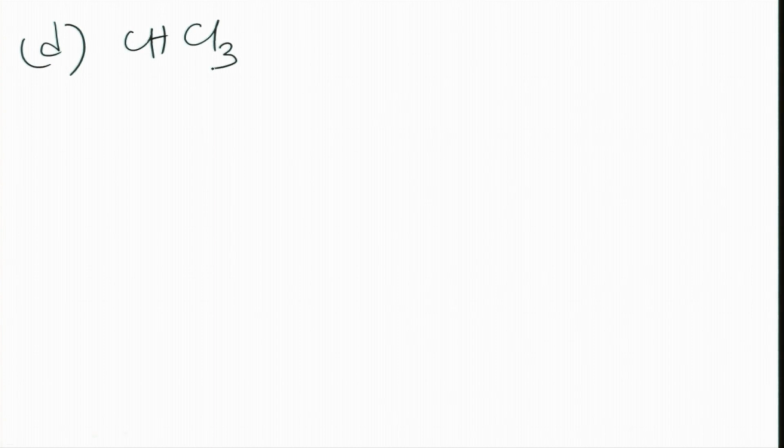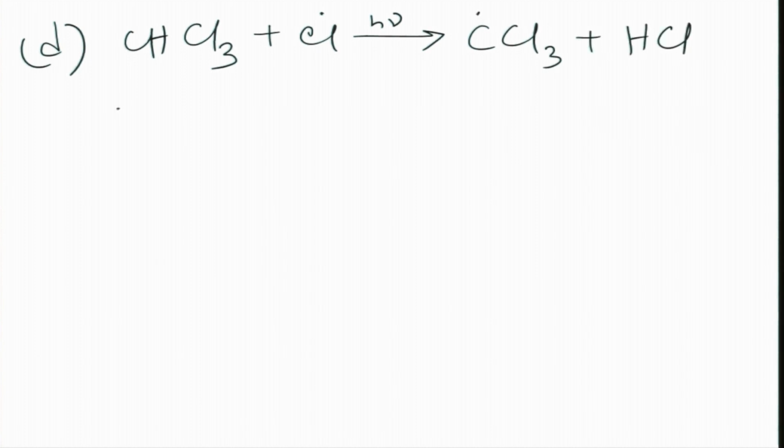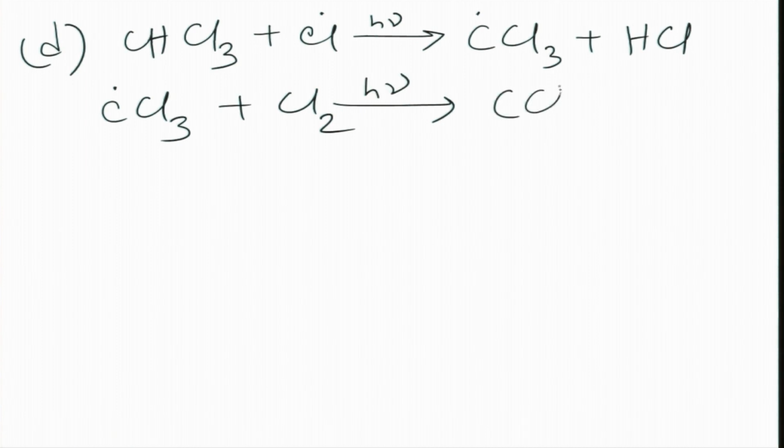CHCl3 and 1 chlorine free radical, CCl3 free radical along with HCl. Again CCl3 free radical will react with chlorine and form CCl4 plus 1 chlorine free radical.